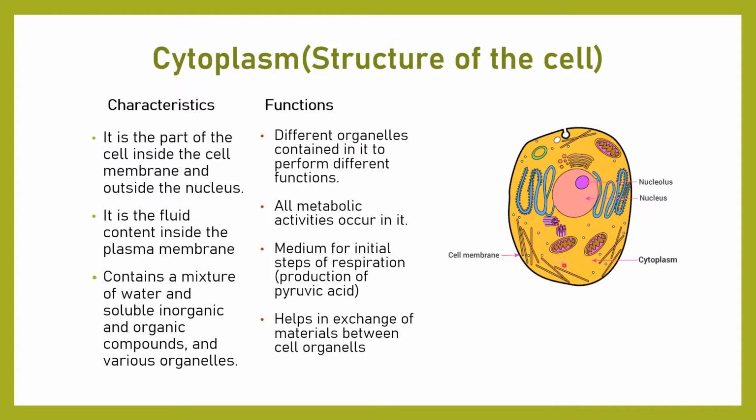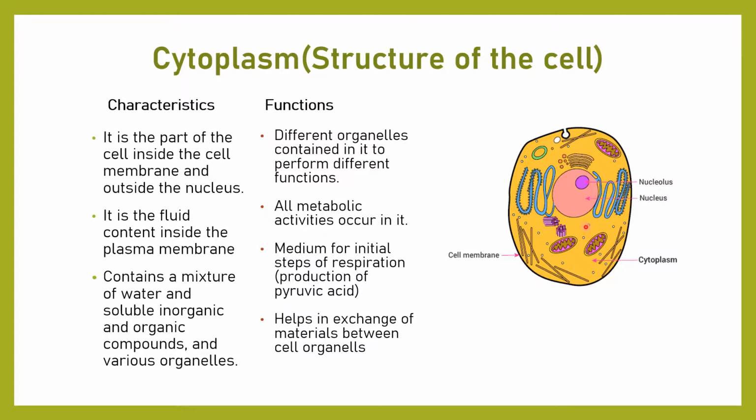So this breaking down of glucose takes place, in fact, in 3 steps. We will discuss only 2 steps because even in your next grade there are only 2 steps. So the first step, where the glucose breaks down into pyruvic acid or pyruvate, is known as glycolysis.